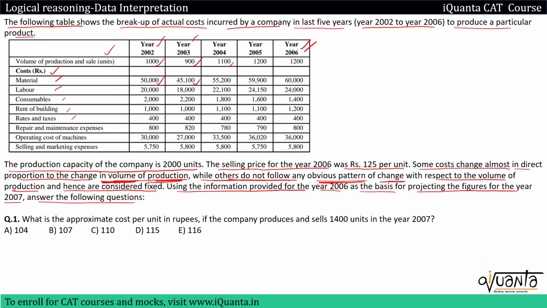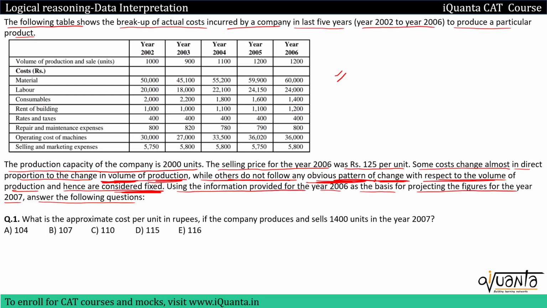So those costs which are not following any pattern of change with respect to volume of production, that means there's no particular pattern. Like if the number of units is increasing, sometimes the cost might decrease or increase. So those costs will be taken as fixed cost. Okay, so the first task here is to identify which of the given costs are fixed and which are not. So we'll go through the whole table.